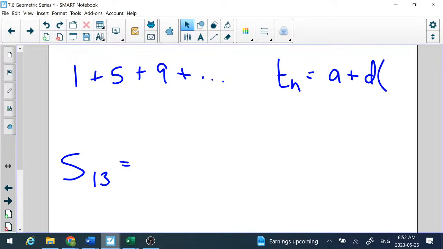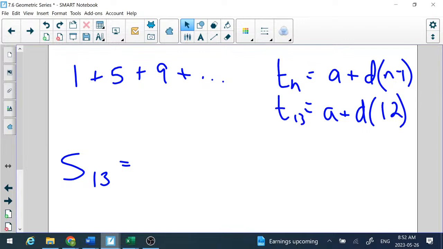It would be 12, but if you wanted to be more general about it, n minus 1, right? That's the general term formula. So you would take the first term and add the common difference 12 times if you're looking for T13. So what's the common difference? Okay, and then you're going to take 4 and multiply it by 12, so 48, plus 1, 49.